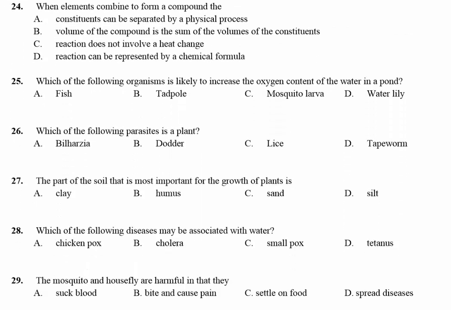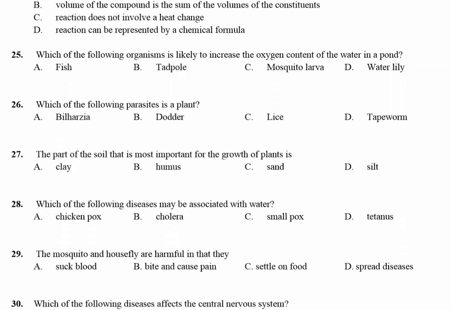26. Which of the following parasites is a plant? Dodder. The answer is B, dodder. 27. The part of the soil that is most important for the growth of plants is, the answer is B, humus. 28.